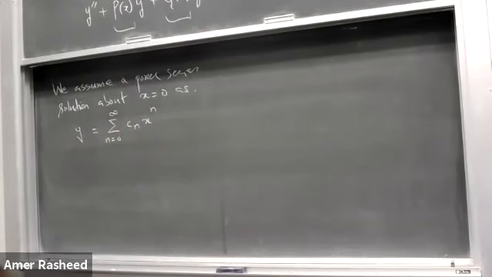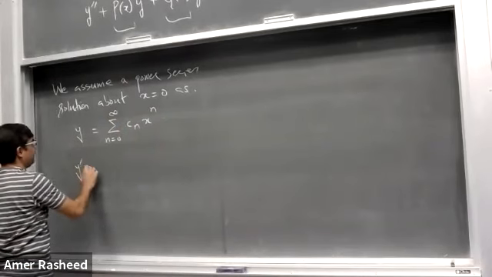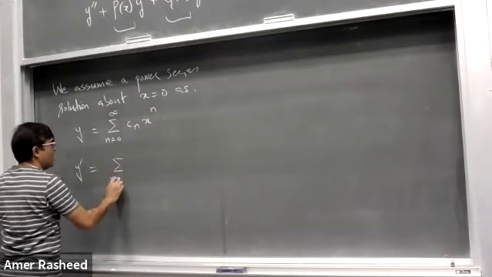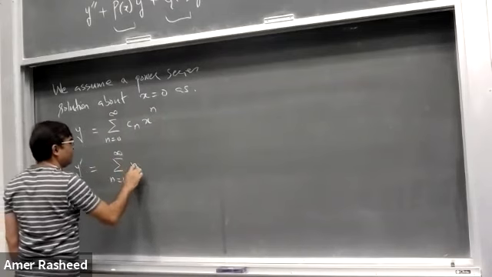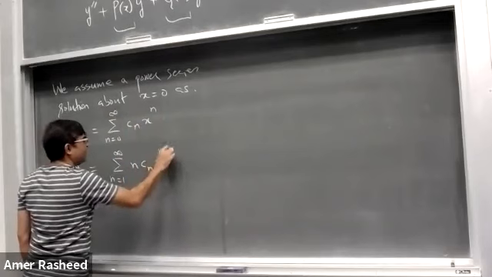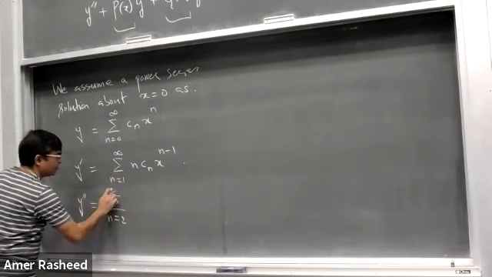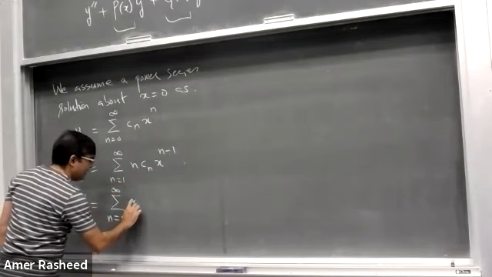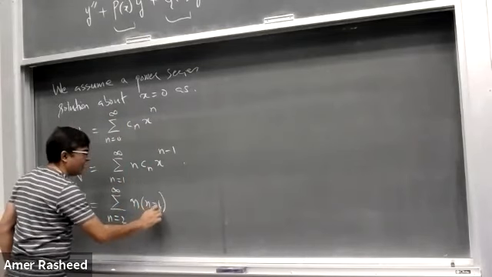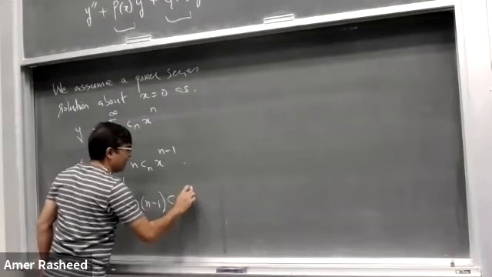Now, if this is the assumed solution, we take the first derivative. I told you how to take its derivative in the previous lecture. If you don't understand this, you can go back and see the previous video. So we take the second derivative. The second derivative would be summation n from 2 to infinity n into n minus 1 Cn x power n minus 2.